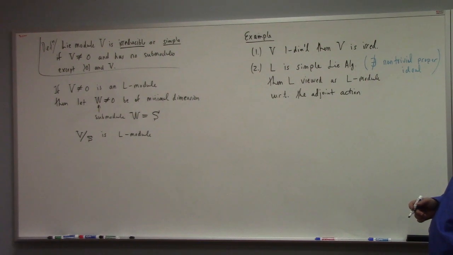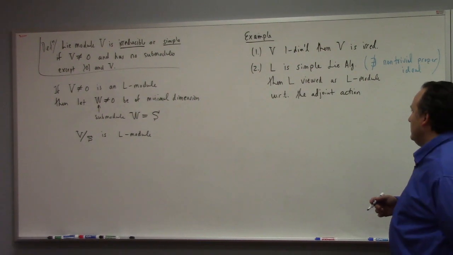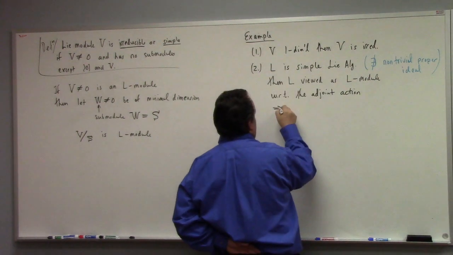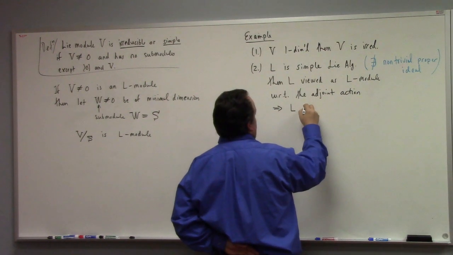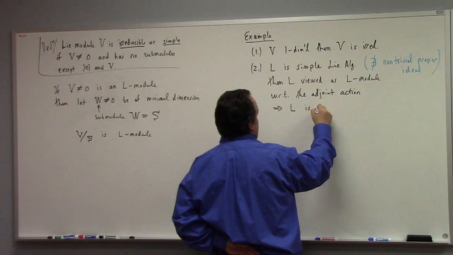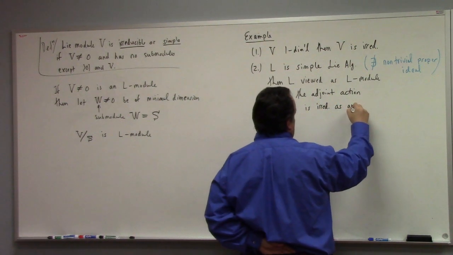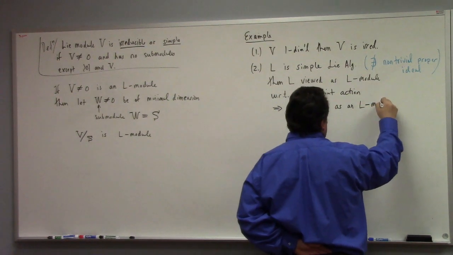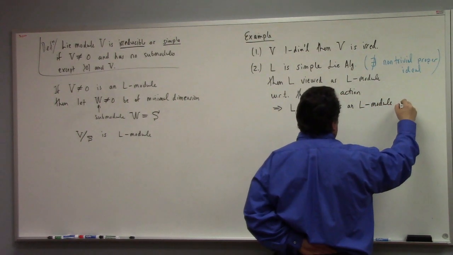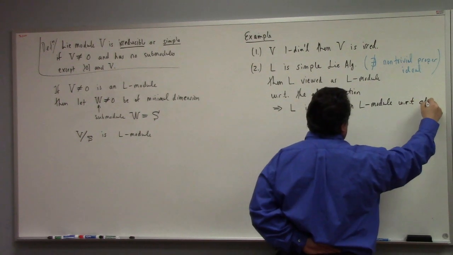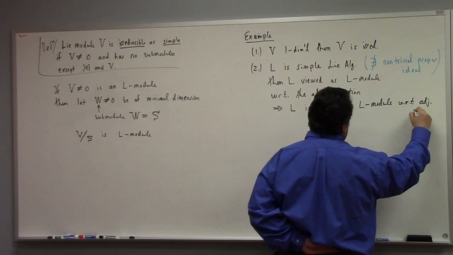So what this tells us is that L is irreducible as an L module with respect to the adjoint representation.